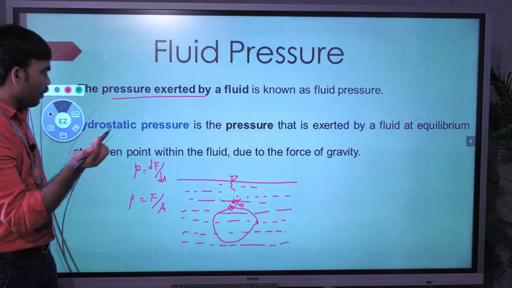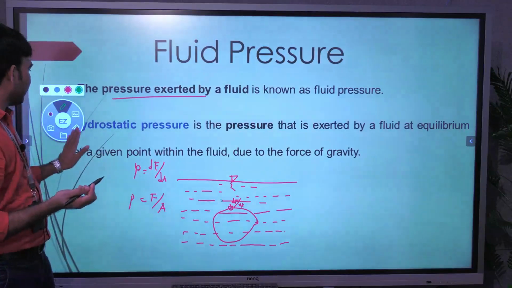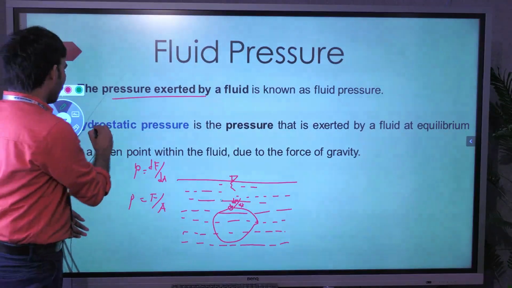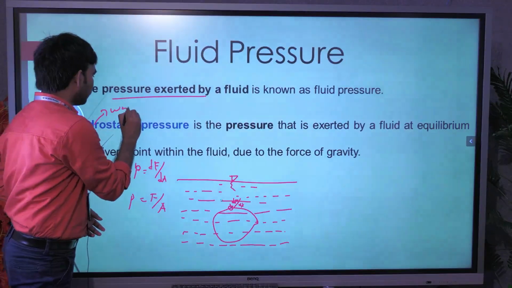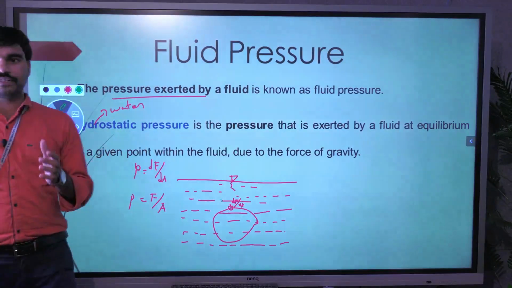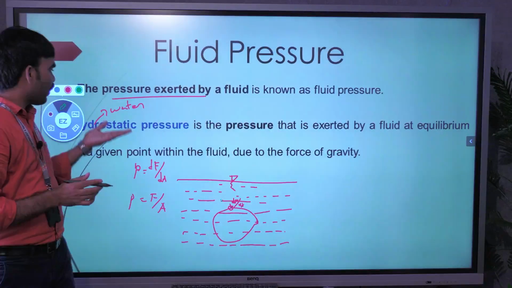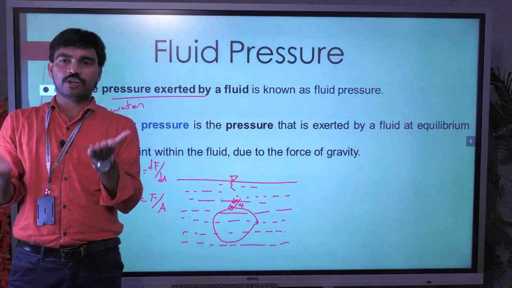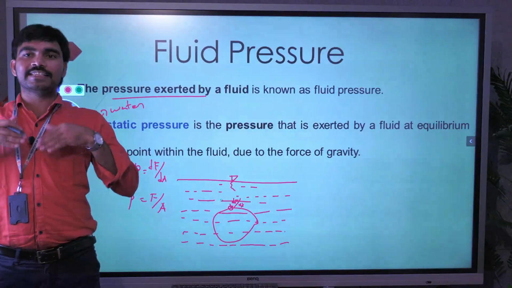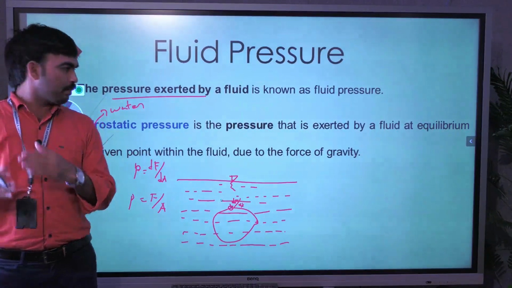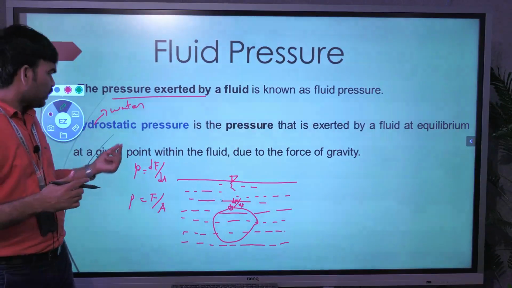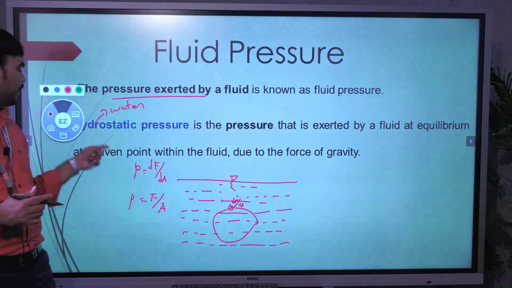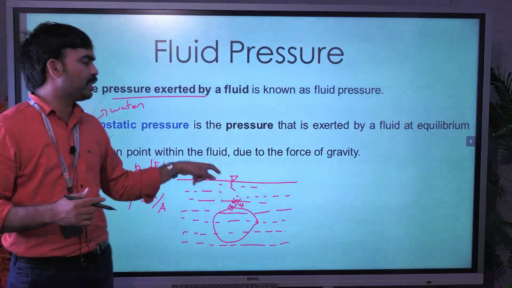Now, one of the important terms we will discuss here is hydrostatic pressure. Hydro means water, static means at rest. So hydrostatic pressure is the pressure exerted by the fluid, that means water, at equilibrium condition, at a given point within the fluid.